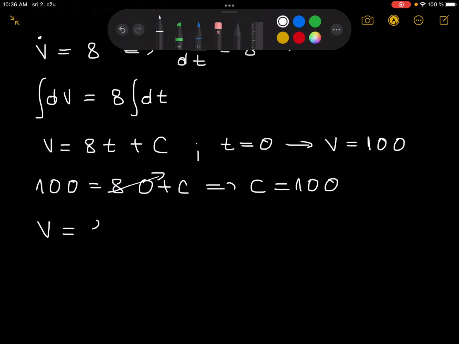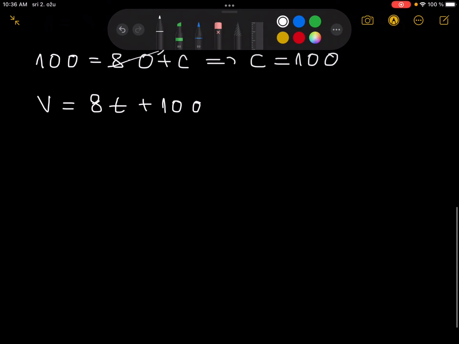So V is equal to 8 times t plus 100. Okay, that's the equation by which the volume of the saline solution in the container changes.